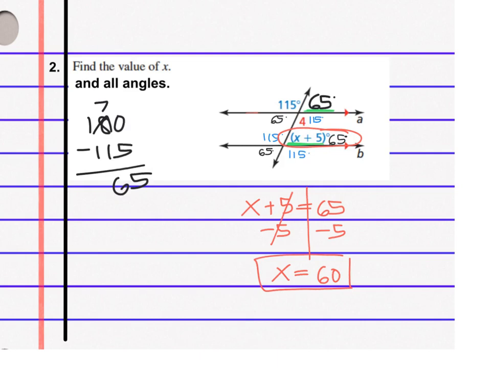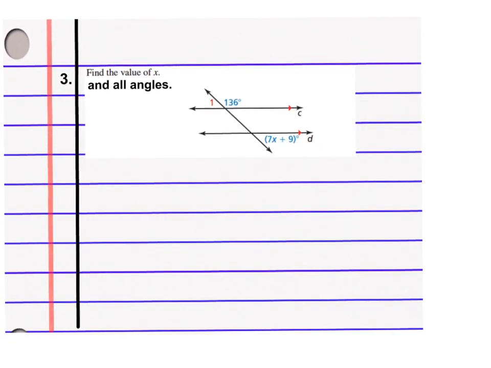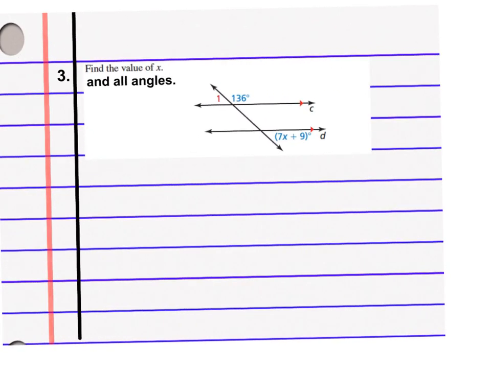Okay. All right. Example 3. Find x and all the angles. So same thing. I'm going to go ahead and subtract 180 minus 136 just to figure out the other side of the angle. And I get 44.